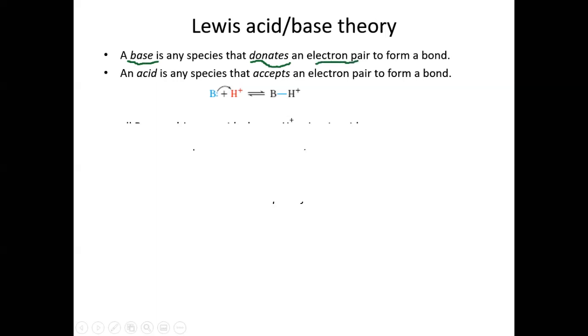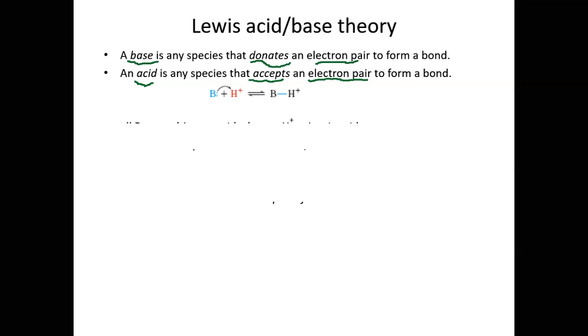An acid, any species that accepts an electron pair to form a bond. So it's all about electrons. And Lewis acid-base theory can explain almost anything. It can explain why hydrogen bonding occurs, why halogen bonding occurs. It explains why certain compounds react the way they do.